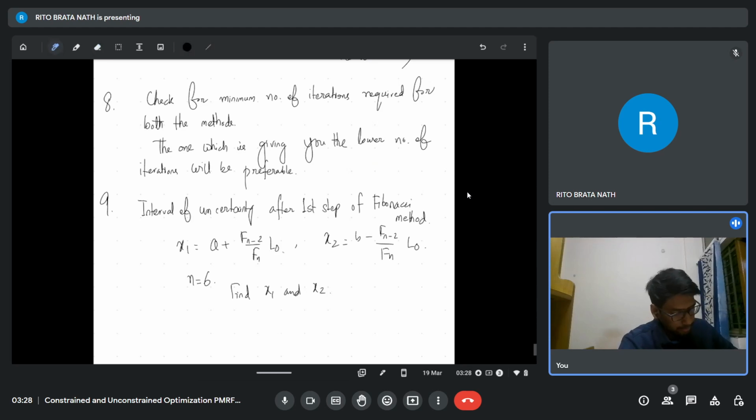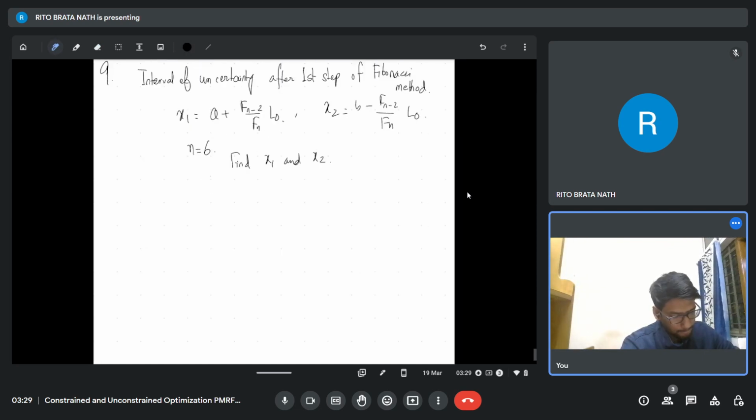L0 will depend on the values of a and b, and you can find the Fibonacci numbers, and after that you can find x1 and x2. You can then calculate f(x1) and f(x2), compare, and check which region you can eliminate and which is the first interval of uncertainty. That is pretty simple.